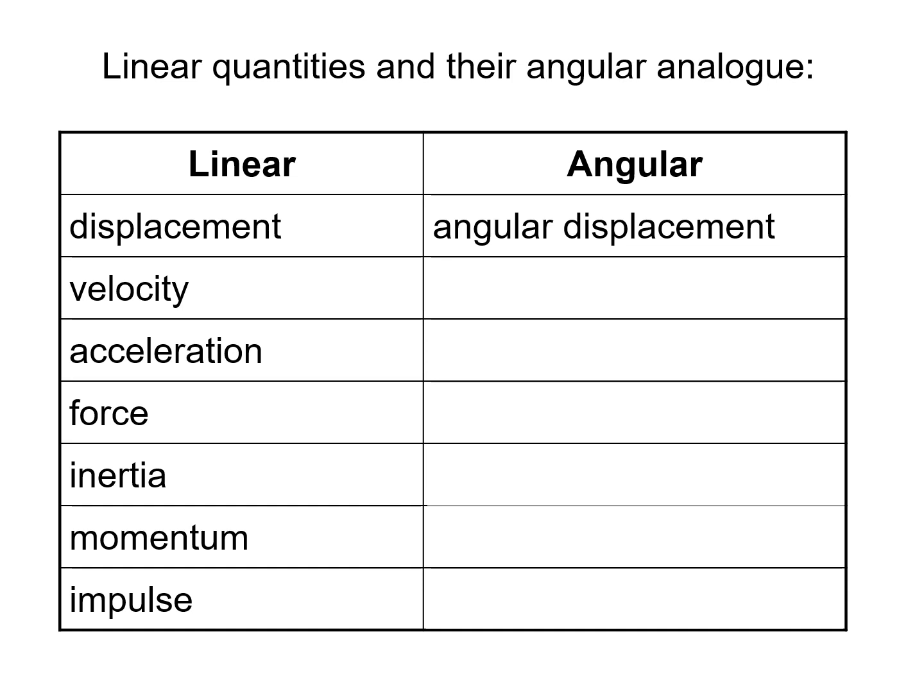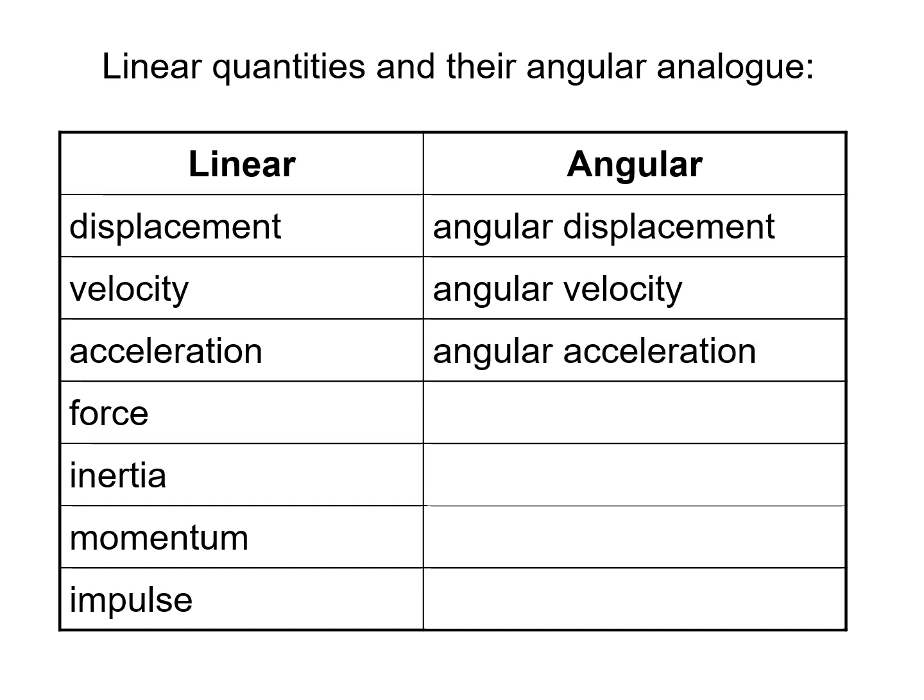The same thing for linear velocity in meters per second: in angular velocity, we're looking at degrees per second or radians per second. For acceleration, in linear kinetics we have meters per second squared. For angular acceleration, we're looking at degrees per second squared or radians per second squared. And the same thing when we look at force in newtons, but instead we have moment of force.